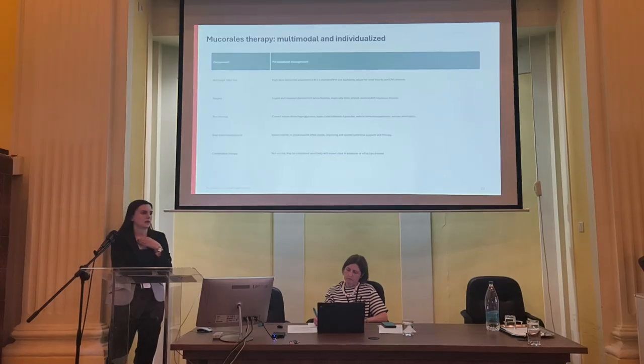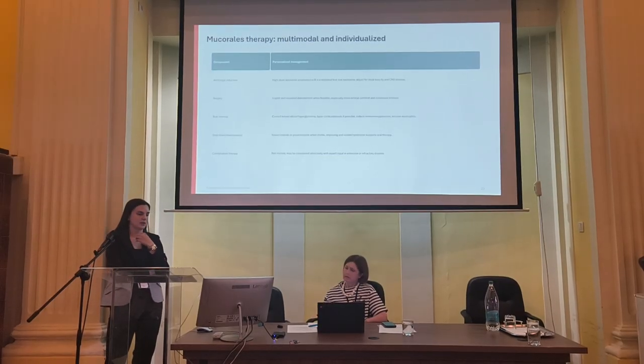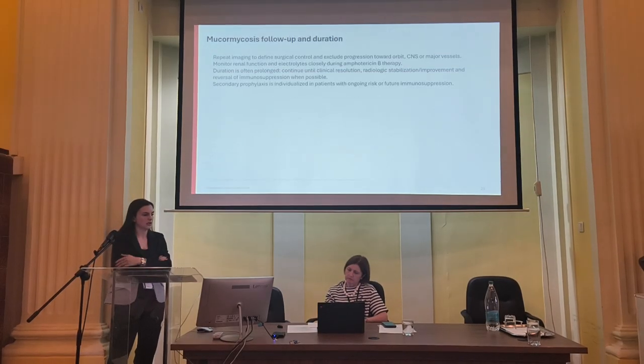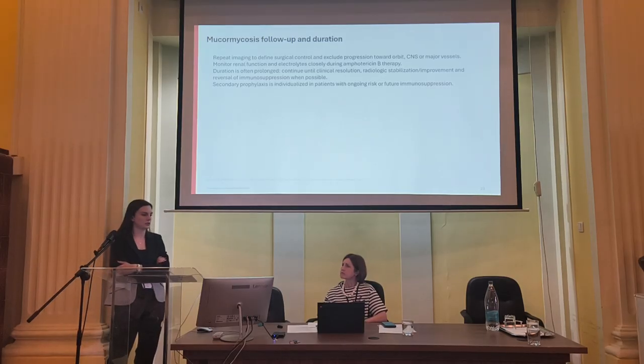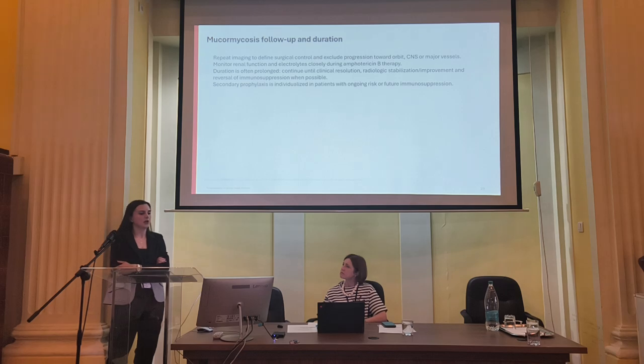After the patient is hemodynamically stable, we need to think about whether we may step down the medication. It's important to repeat imaging and to define the surgical control and exclude progression to the central nervous system or major vessels.